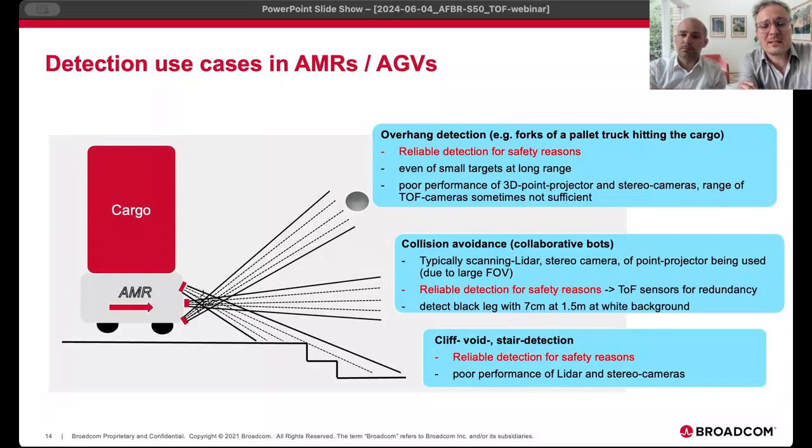What we have seen here is that 3D point projectors as well as stereo cameras show a poor performance, and for TOF cameras the range is sometimes not sufficient at all. This is where the TOF sensors with the narrow field of view are really beneficial.